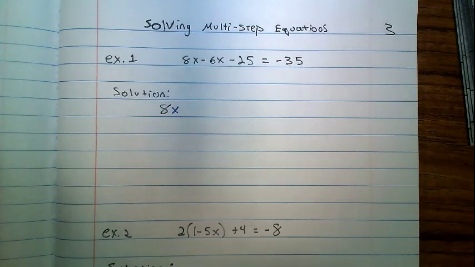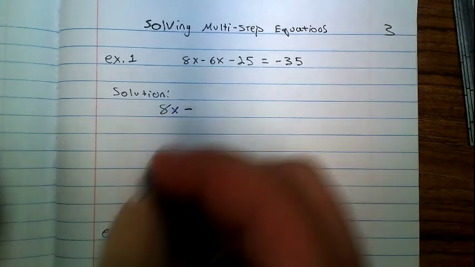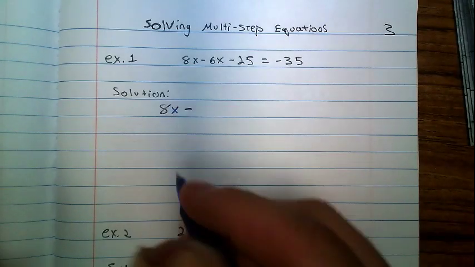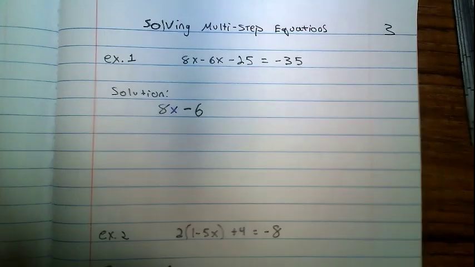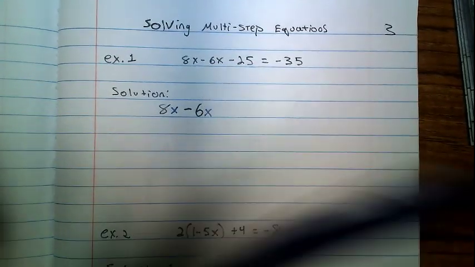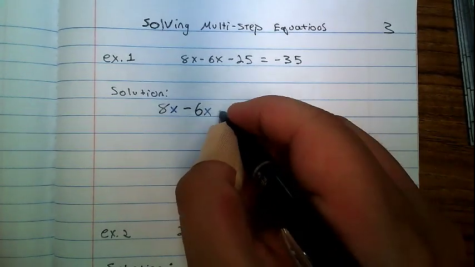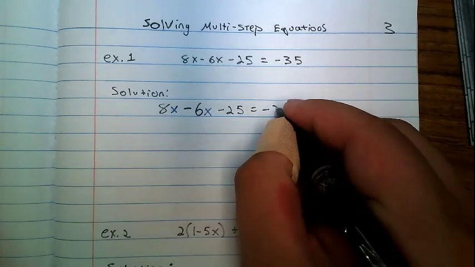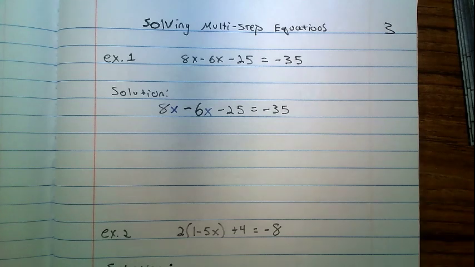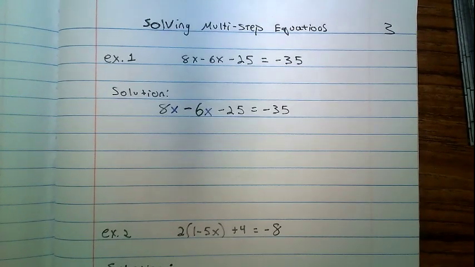You don't have to use blue, but you can use any consistent color that you want. So 8x minus 6x, then minus 25 equals negative 35. And so we're going to go through that process.